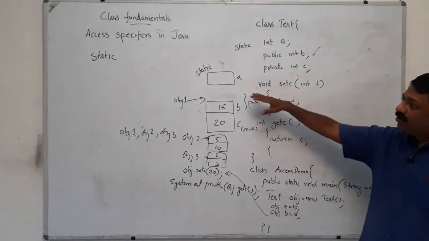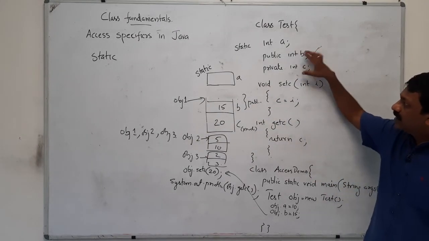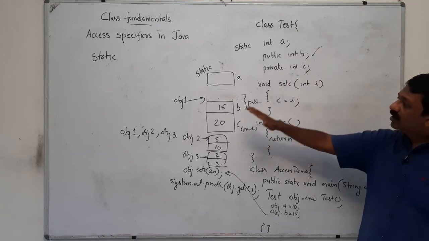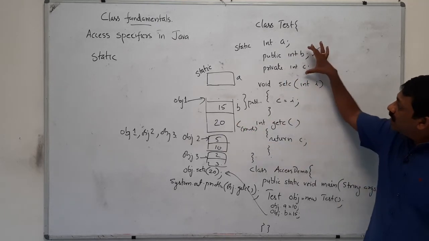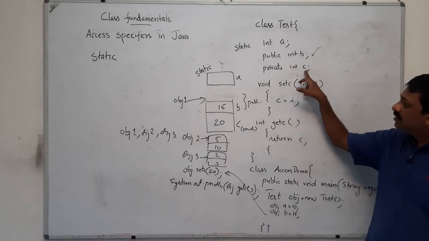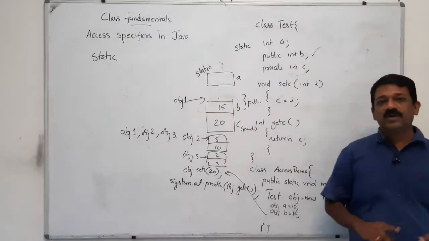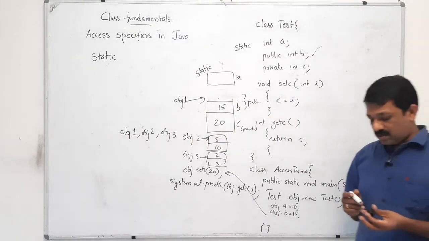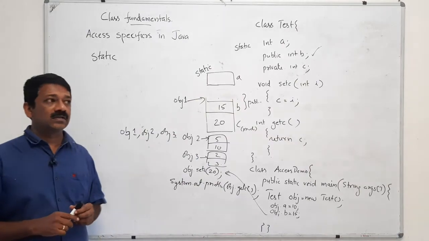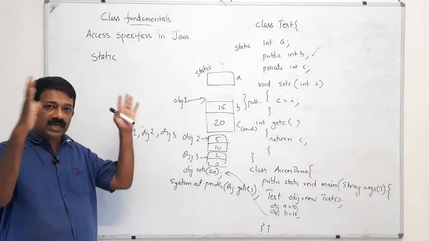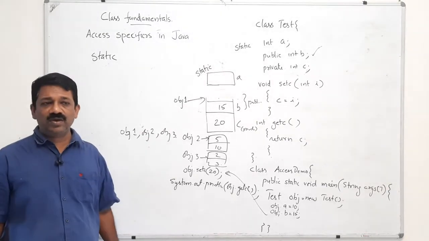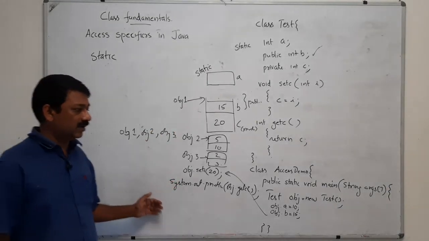But if you are not making a variable static, as here where this is not static, then when you create an object, an instance of int b and int c will be there as part of the object. So if you make a variable static, that variable is shared among all the objects created from that class. Okay, that's all about static variables.